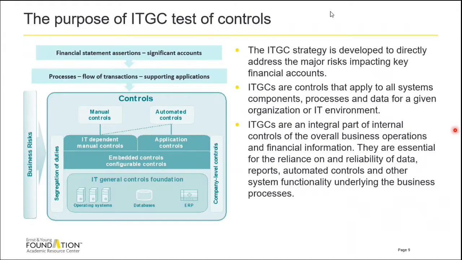So ITGCs are controls that apply to system components, processes, and data for a given organization or IT environment. ITGCs are an integral part of the internal controls of the overall business operations and financial information. They are essential for the reliance on and reliability of data, reports, automated controls, and other system functionality underlying the business processes.